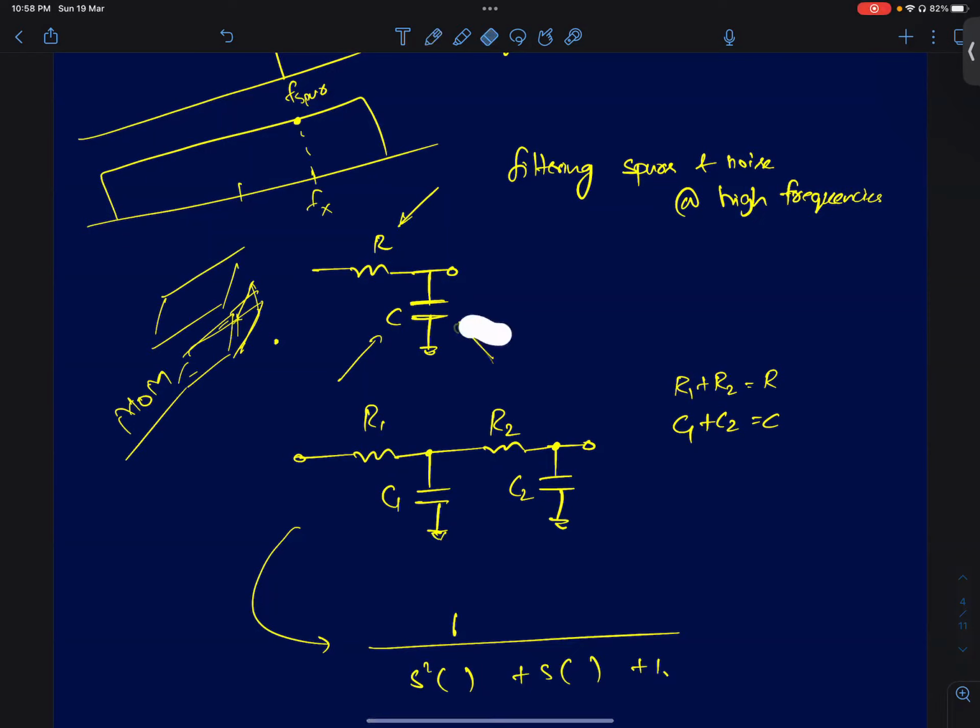Capacitors are also realized using MOSFETs, which are slightly better than metal and metal capacitors. You take your MOS structure, short your drain and source, and apply a gate voltage greater than the threshold voltage of the MOSFET.